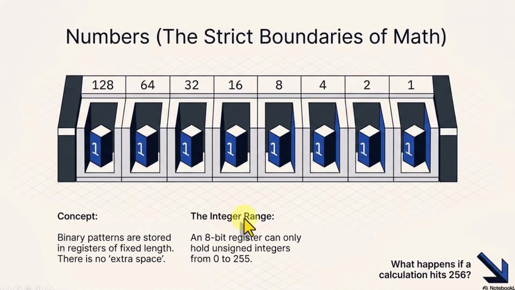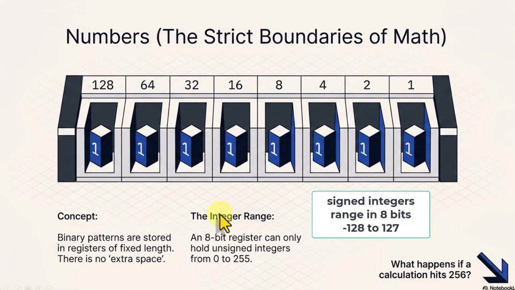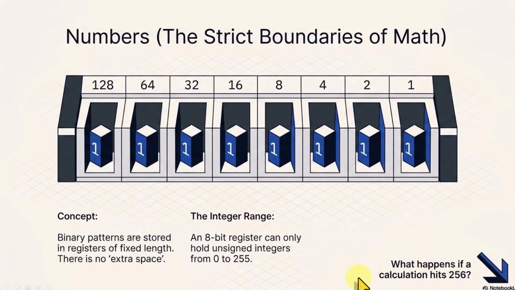Okay, so the integer range: an 8-bit register can only hold unsigned integers from 0 up to 255, which is 256 different numbers. And in signed numbers, that is negative 128 up to positive 127. So what happens if a calculation hits 256 in 8-bit registers?